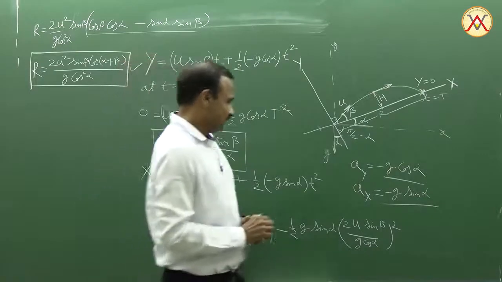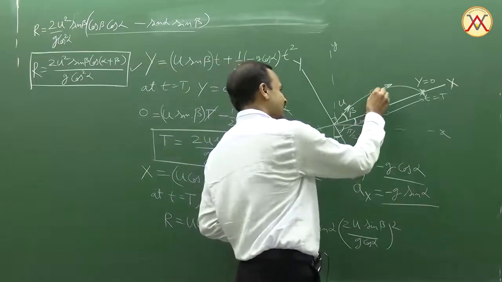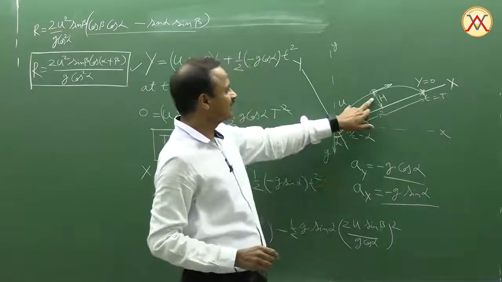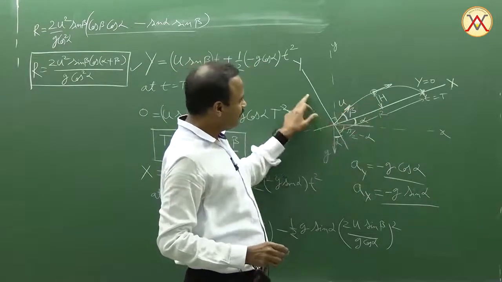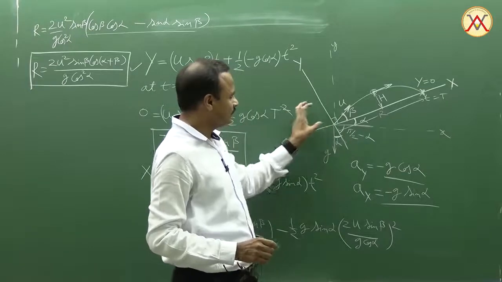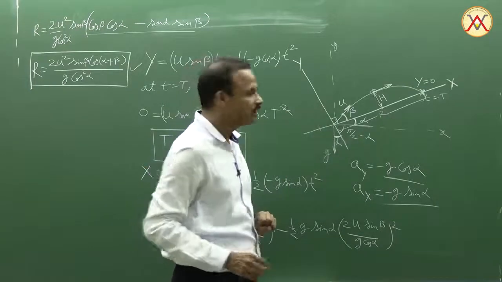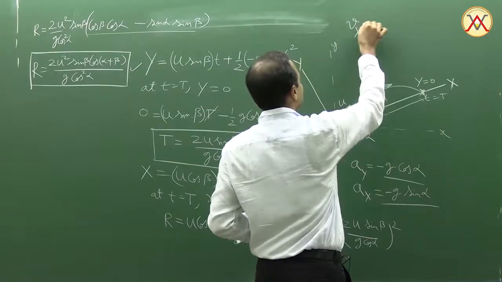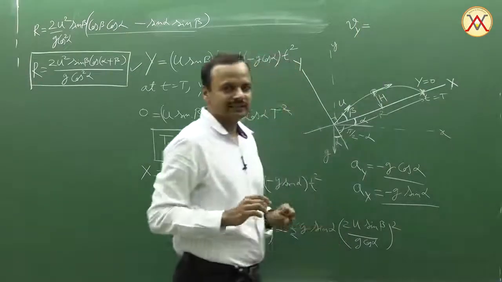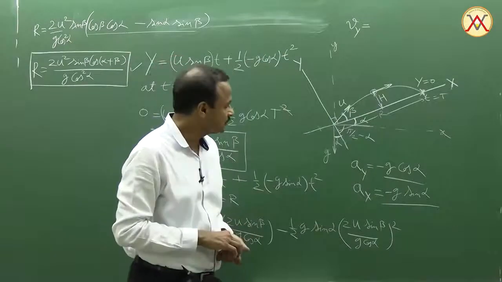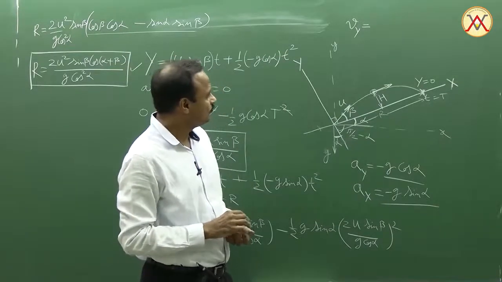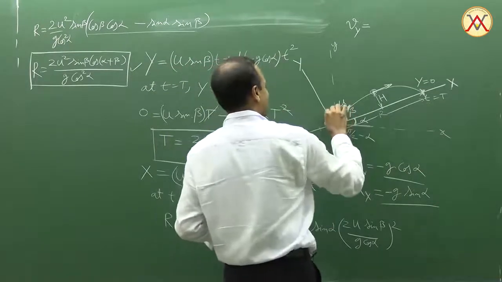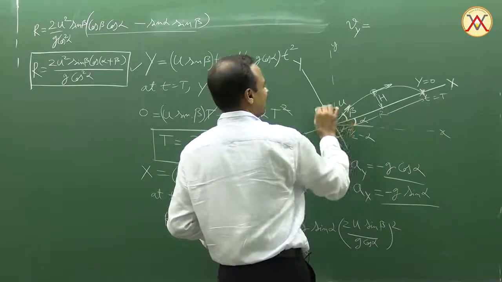Alright, so in order to get the time at this point, what we can do is put Vy, the y component of velocity, to be 0. Now what is Vy? Vy again I can write using the first equation of motion, v is equal to u plus at. So u_y we know is u sin beta.